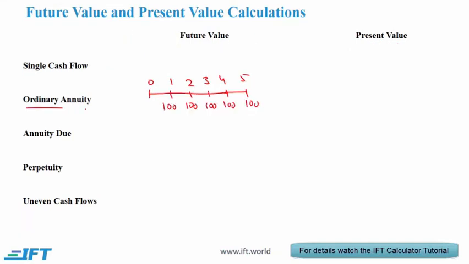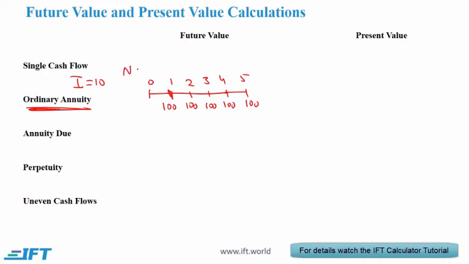Next we come to an ordinary annuity. An annuity is a series of equal cash flows that occur at regular intervals of time. With an ordinary annuity, the cash flow happens at the end of each year. So if we have 5 years and the cash flow is 100, so we have 100 at the end of each year for 5 years. Let's say that our interest rate is 10%.